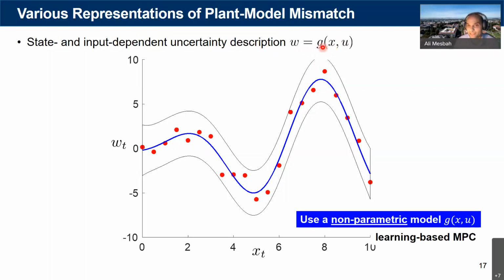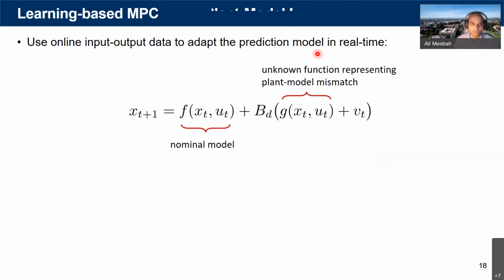Now, the fact that your uncertainty description can change with states and inputs would allow you to account for unmodeled dynamics as well as time-varying dynamics, right? As you operate your system and as you gather more real-time data. And the point here is this state-dependent uncertainty description should be learned using some non-parametric approach, as I will allude to.